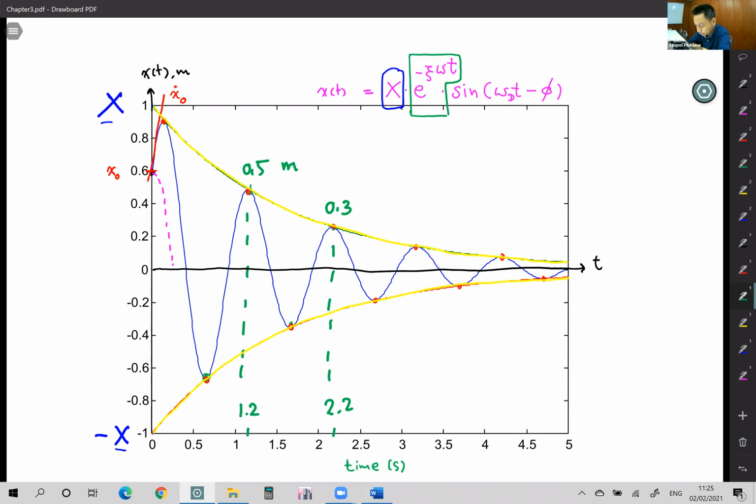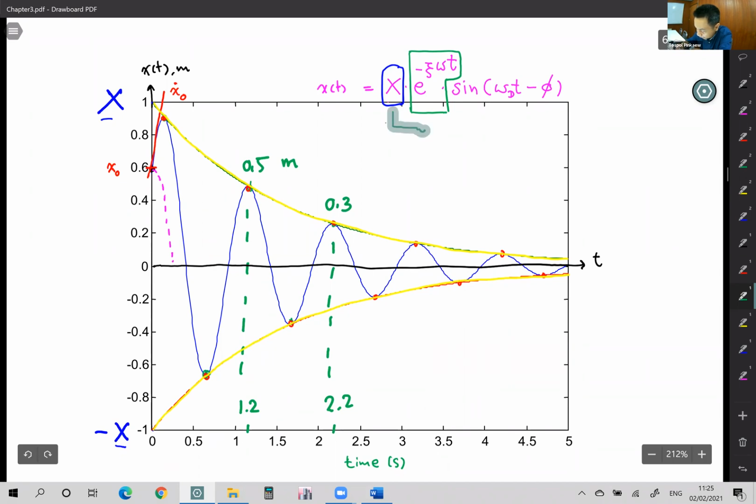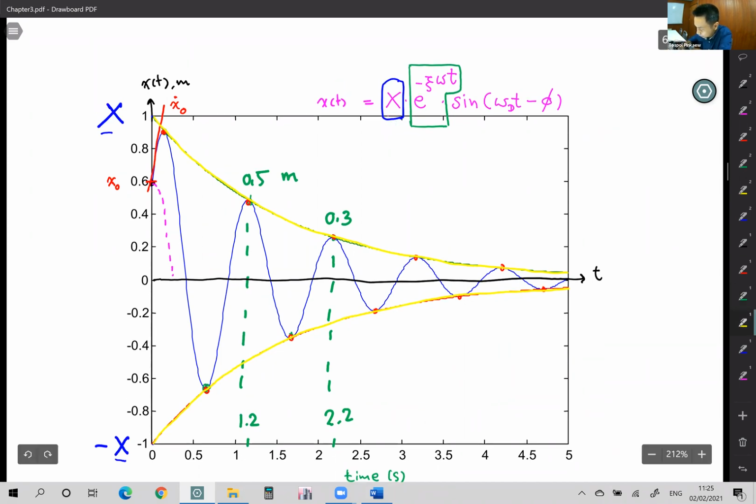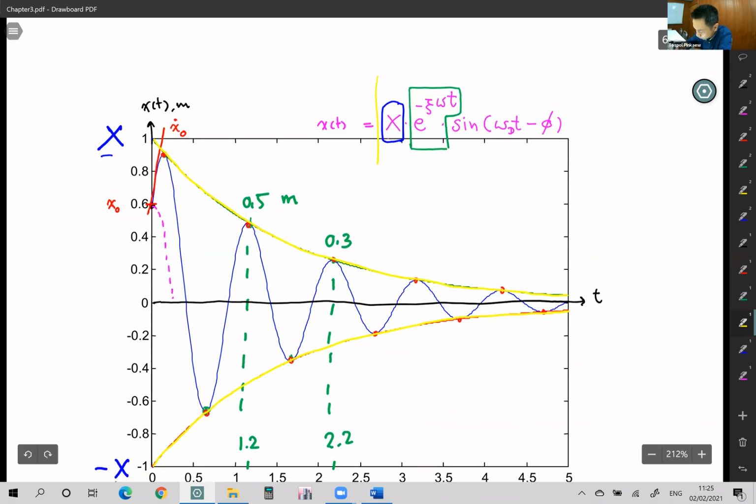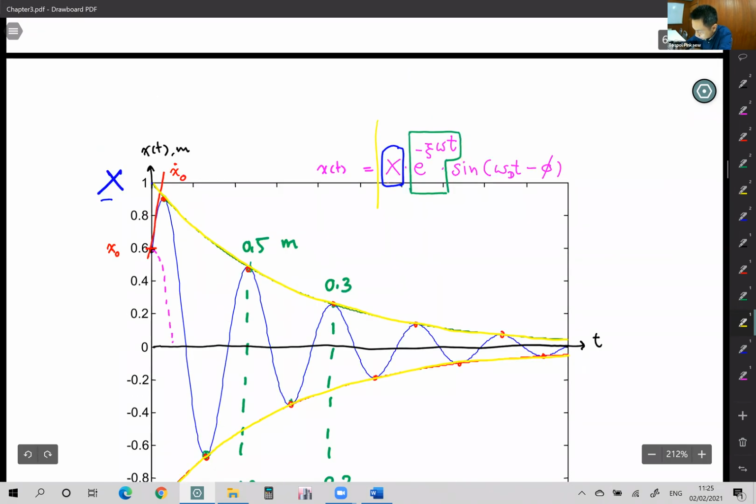So the envelope itself is the product of the big X and the exponential term. I use the yellow, but I think maybe it's very hard for you to see on the monitor.